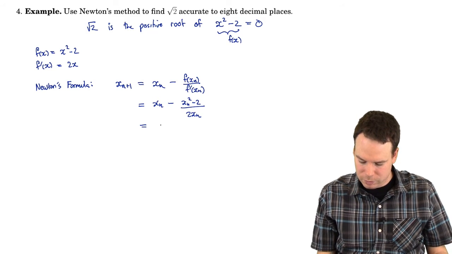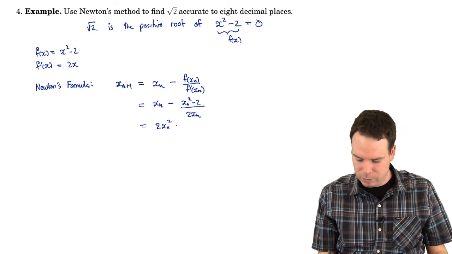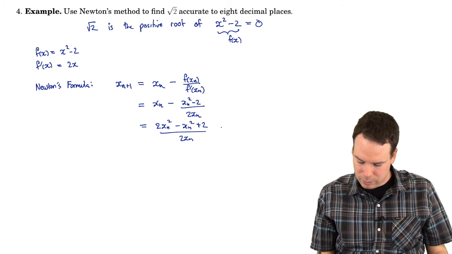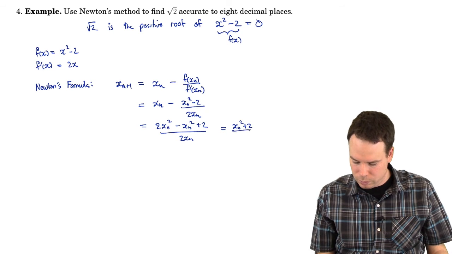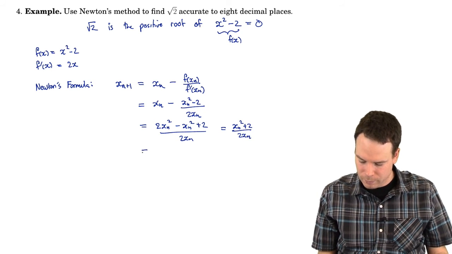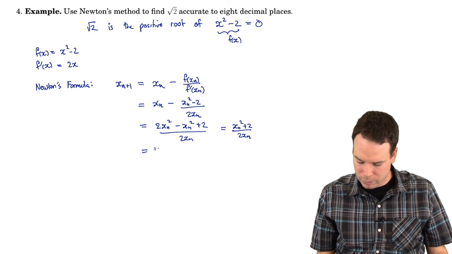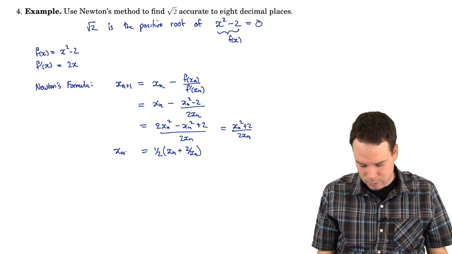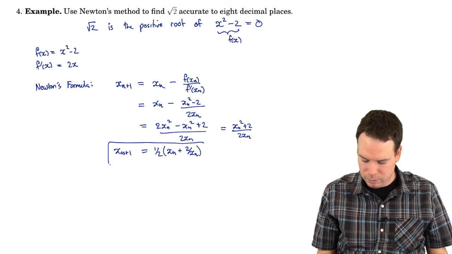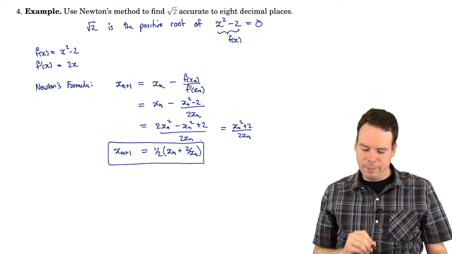And I can do a little bit of simplification here, putting it over a common denominator: xn squared plus 2 all over 2xn, which is, I can factor out a half, and I get 1/2 of xn plus 2 over xn. And so there is our Newton's iterative formula for this particular example.